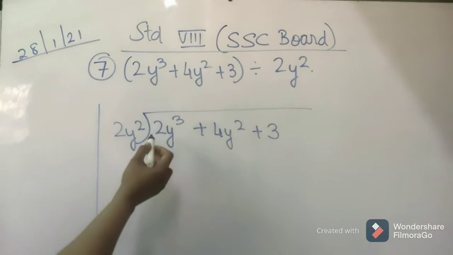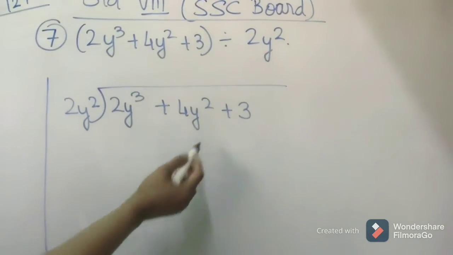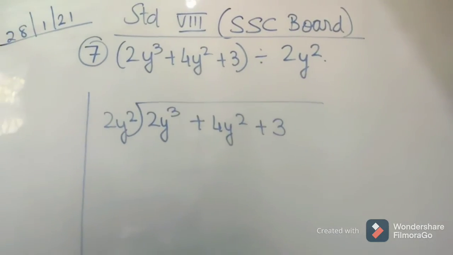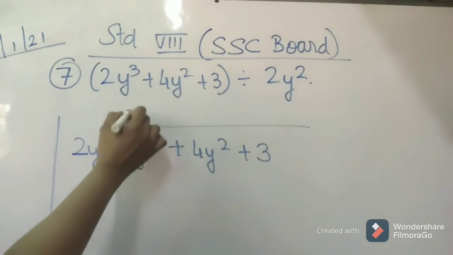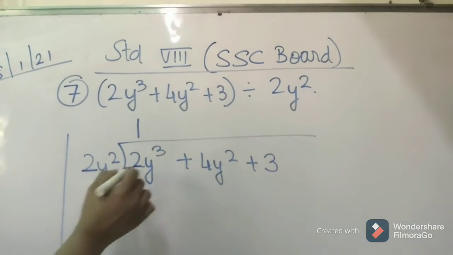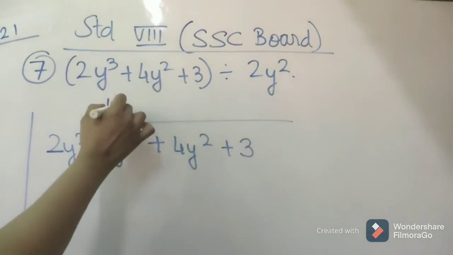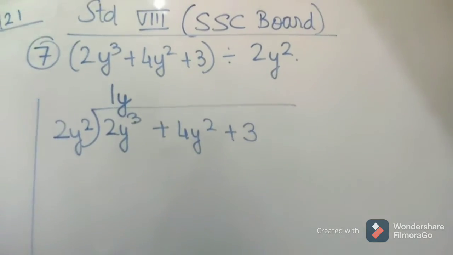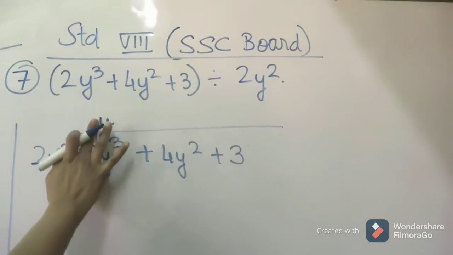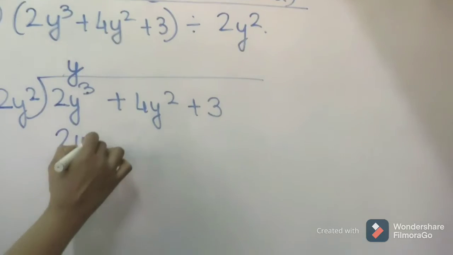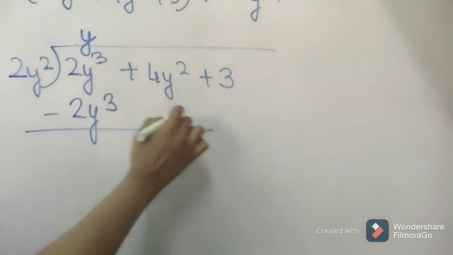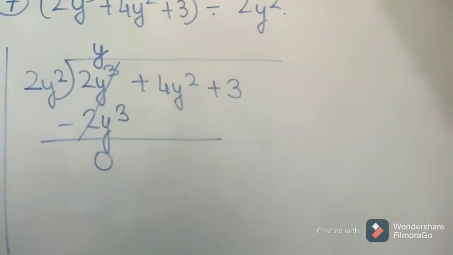Seventh sum, 2y cube plus 4y square plus 3 divided by 2y. So in 2's table 2 goes 1 time, so I'm going to write 1, and 3 minus 2 is 1y, so I'm going to write 1y, or you can also write only y. So 2y cube, the sign gets cancelled, so this becomes 0.